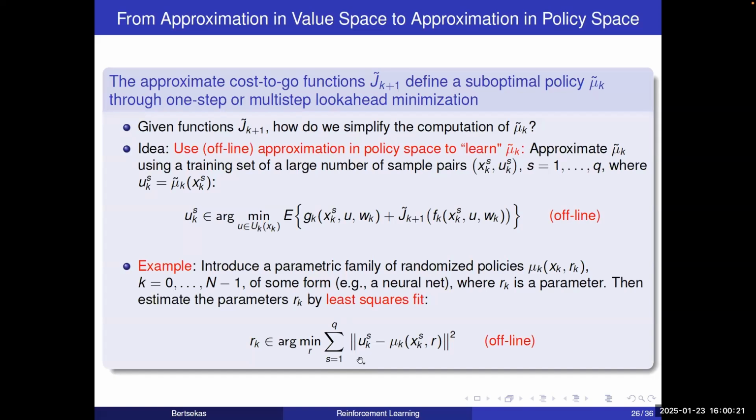So this is the cost that characterizes how close the policy, this parametric policy, mimics the target control u_k^s. So this is the first point. This is a different cost than the cost in the dynamic programming. A second thing is, as I mentioned earlier, this Q can be large or even huge, and r can also be large or huge. So it's not possible to solve this least square problem all together, all at once.